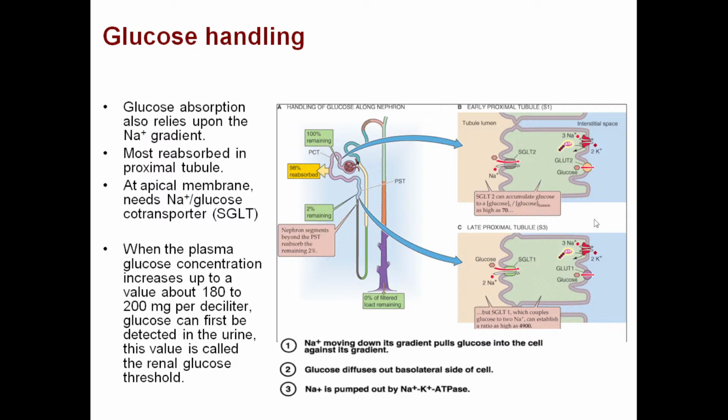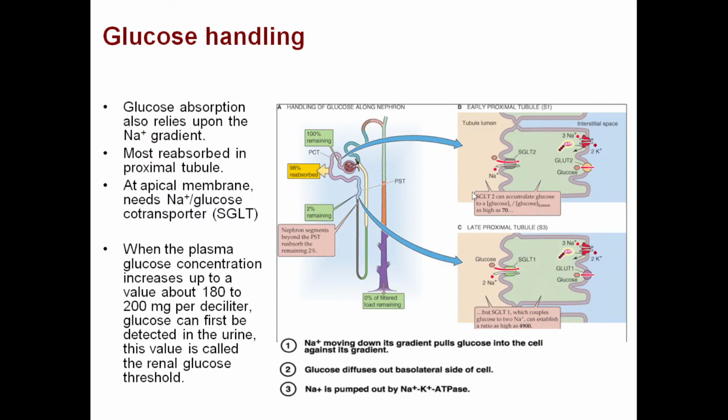And if plasma glucose concentration increases up to the value of about 180 to 200 milligrams per deciliter, glucose can be first detected in urine, because what will happen, the transport maximum will be exceeded, means all of these carrier proteins that are present at the apical membrane will be fully saturated, so no more glucose can be reabsorbed.